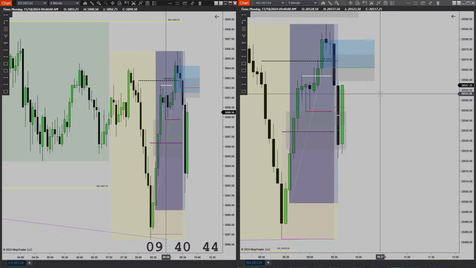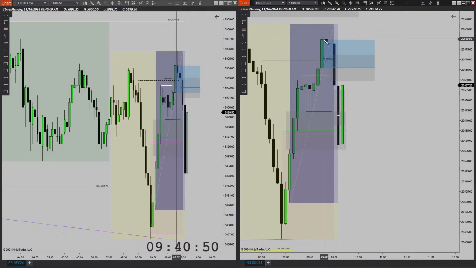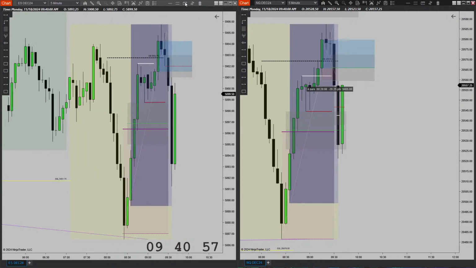Right there. Again, I want to see displacement higher. Then I want to jump in right here, and my stop will be 20 points, or 3.5 points, whichever one I decide to jump into.